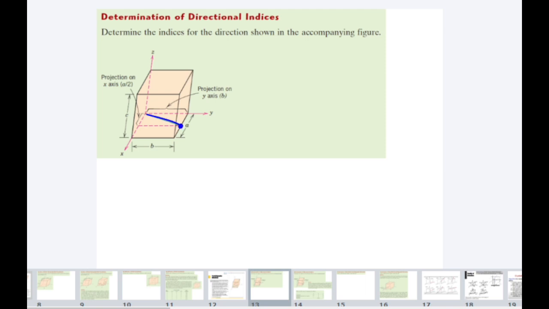Now this point, how can we represent it? What are the point's coordinates for this point? It is 1 over 2 in the A, okay. In the B it is 1, and in the Z axis it is 0. Right? So these are the things.